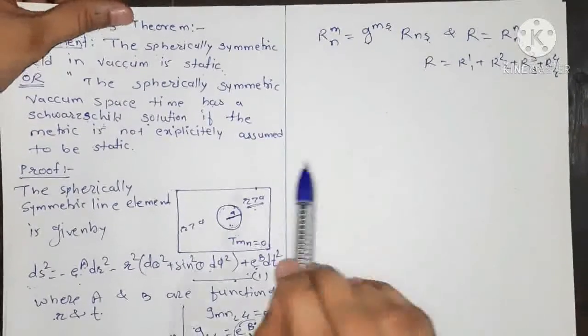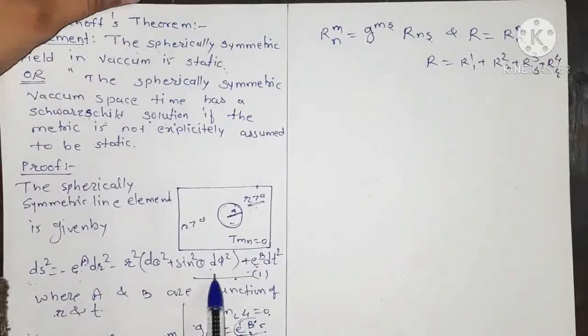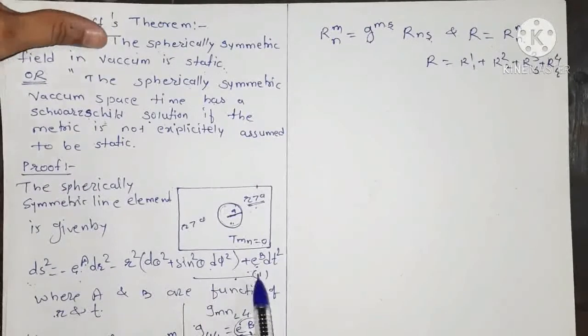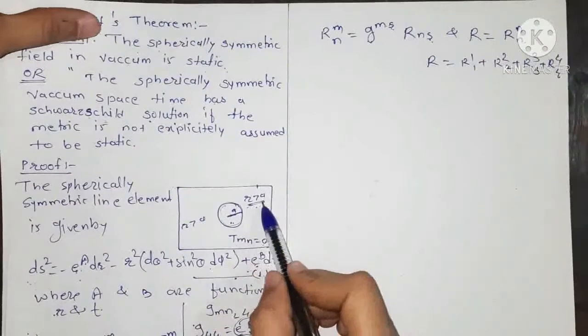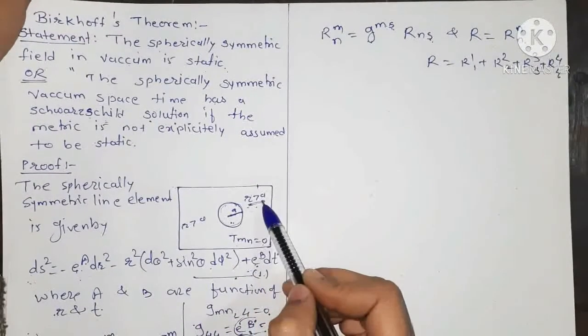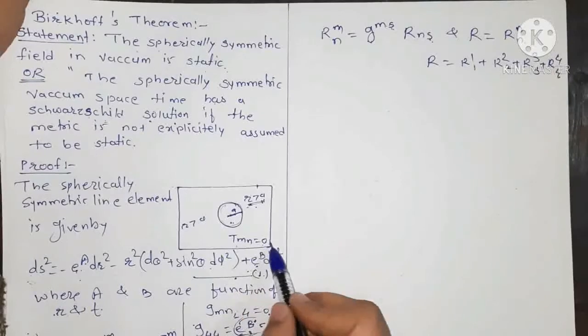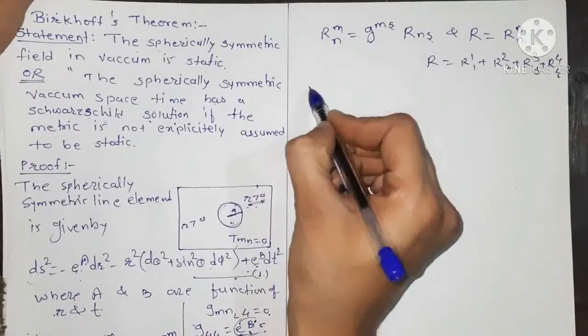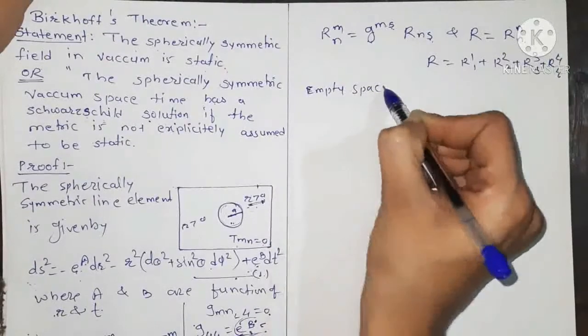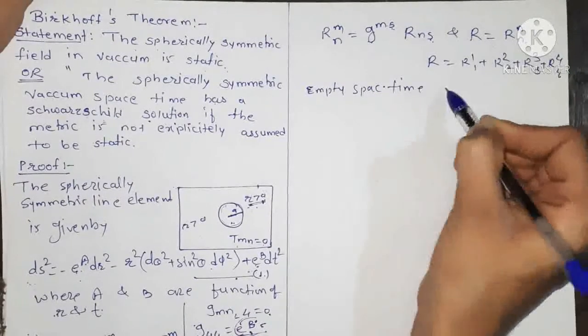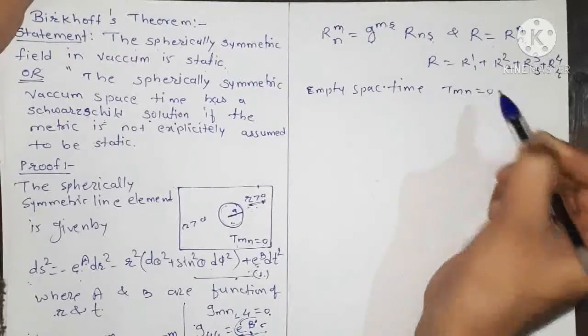Okay, so to solve equation number 1, we have to solve this for r greater than a, where we have T_mn equals 0, for empty space-time.